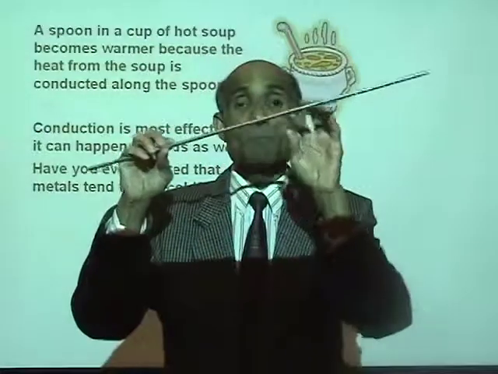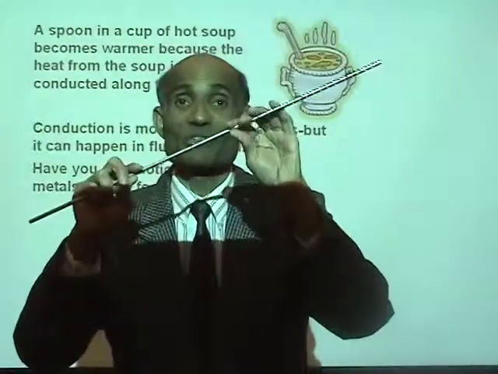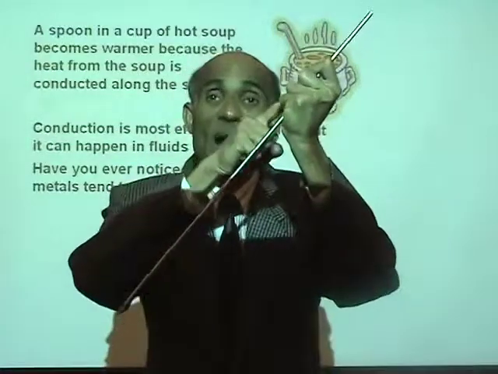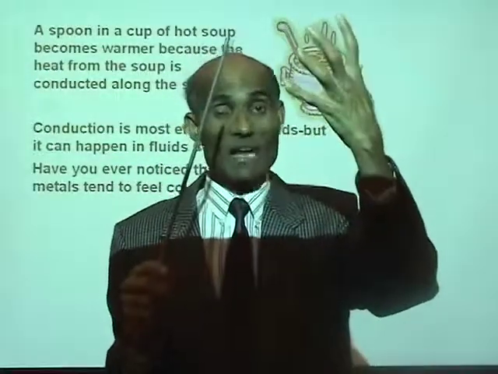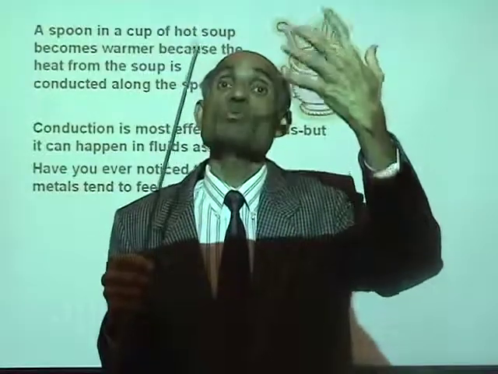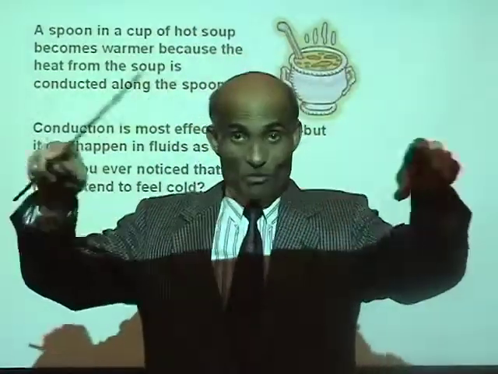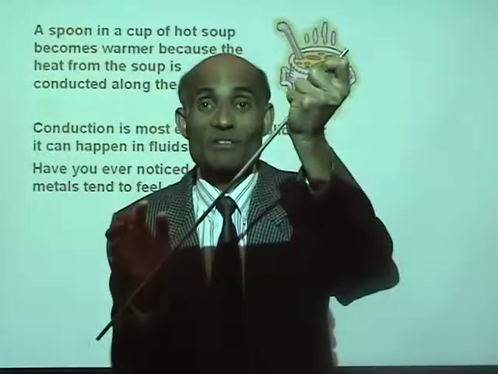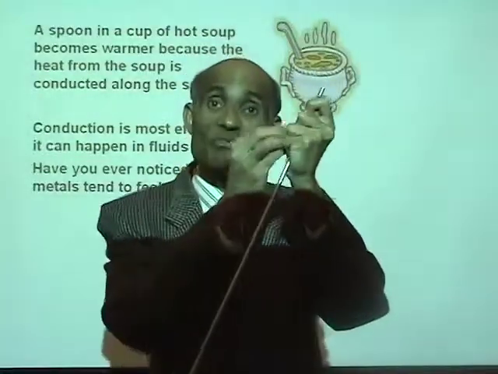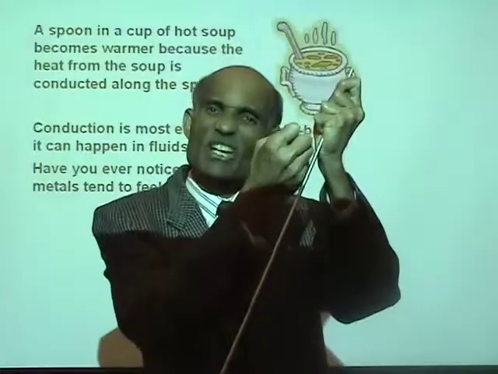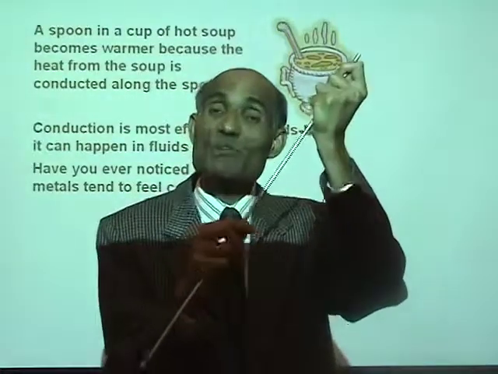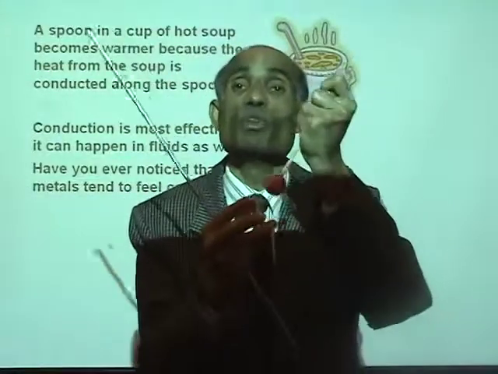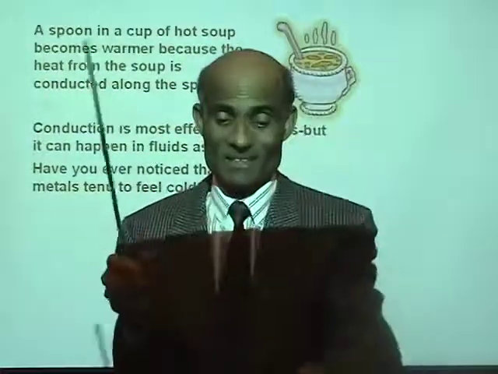You see, metals are good conductors. So when I touch a metal, heat from my hand, you see, our hand or human body is warmer than the surrounding temperature. So when I touch the aluminum rod, heat from my hand is conducted away by aluminum much faster than wood will do. Wood is a bad conductor.